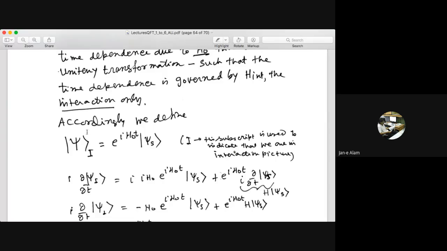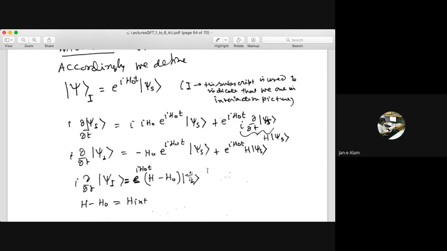Now I can take the time derivative of this, and you will get this particular equation, where you see that the time evolution of psi I, the state in the interaction picture or the Dirac picture, is governed by nothing but H minus H naught. Please go through this mathematics.